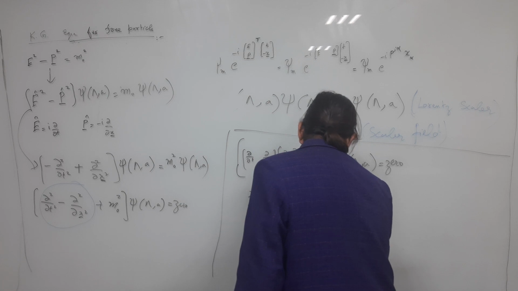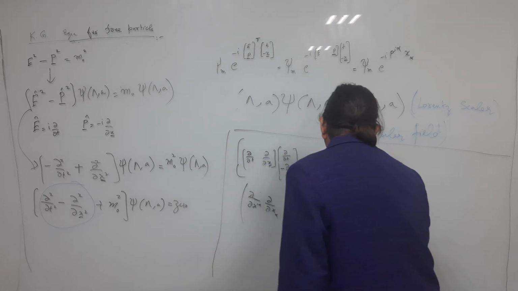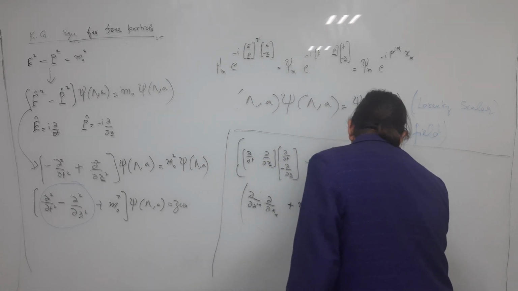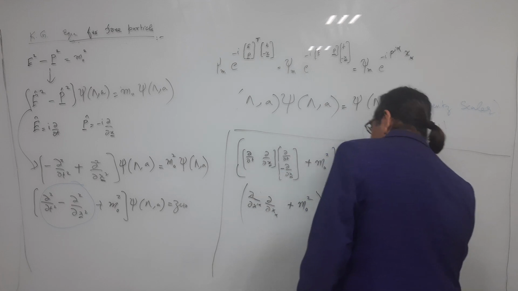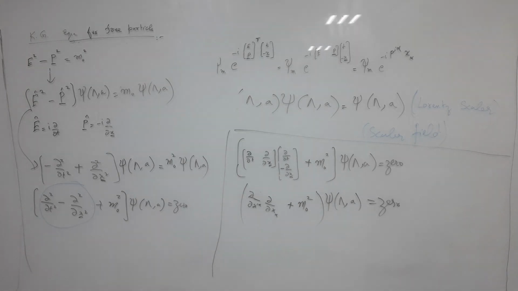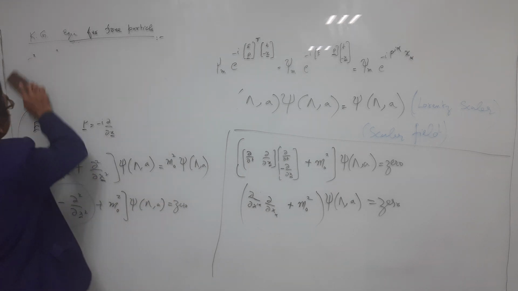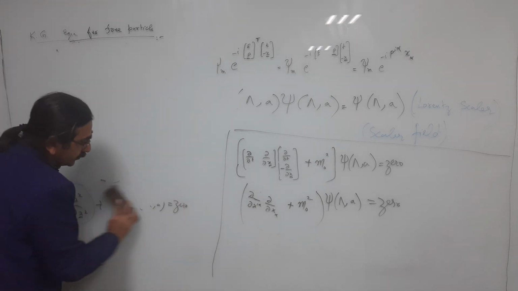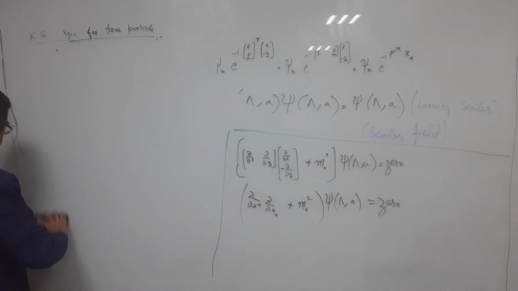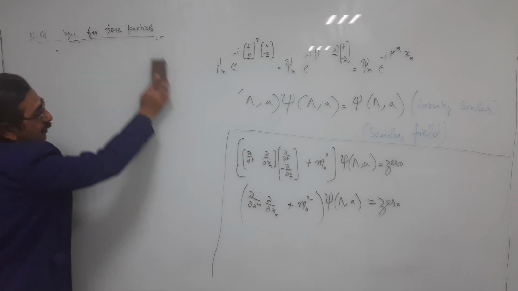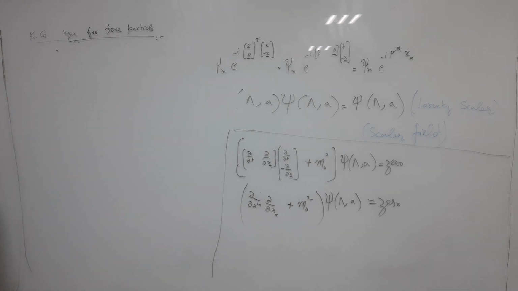Plus m naught square psi equals 0. Got it?